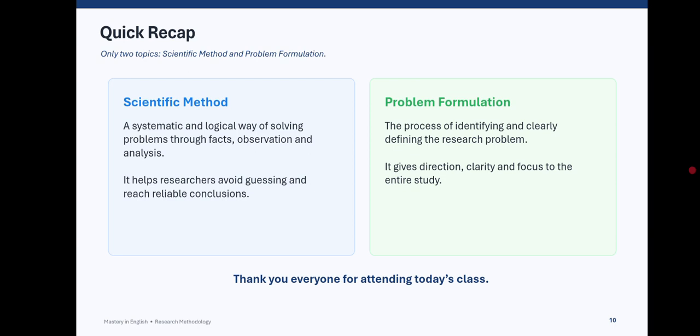They are also very useful for examinations, interviews, viva, and future research work. So this is all for today's class. Students, today we understood scientific method and problem formulation in a very simple and practical way with real life examples.